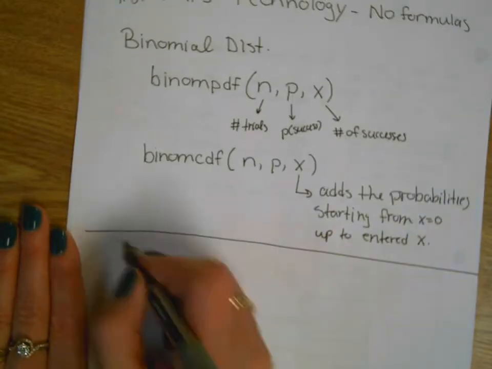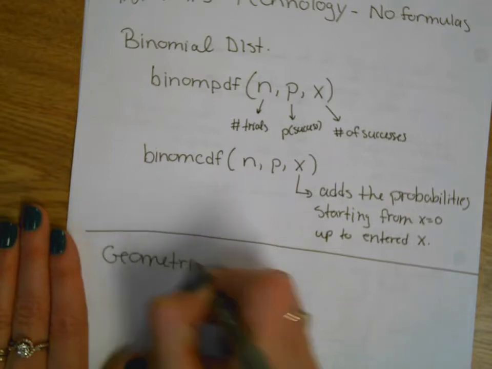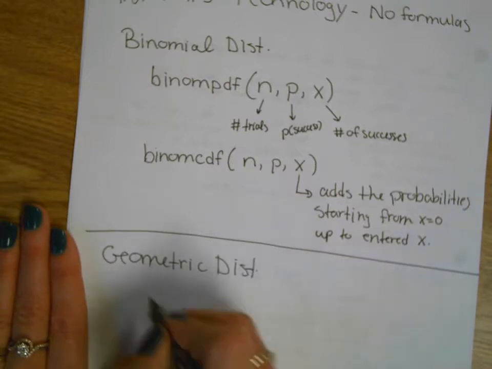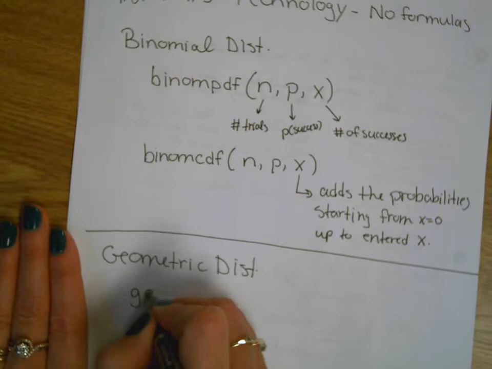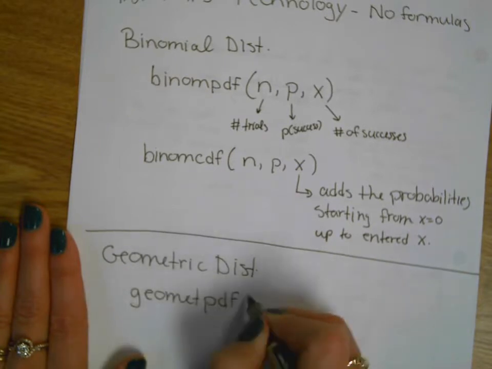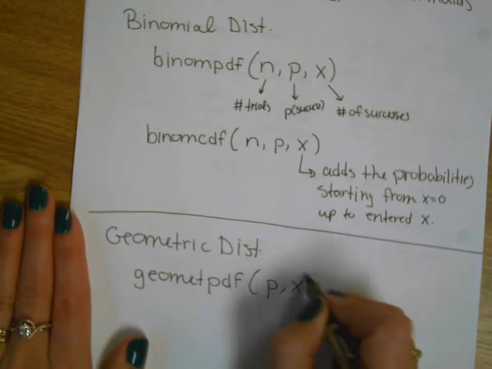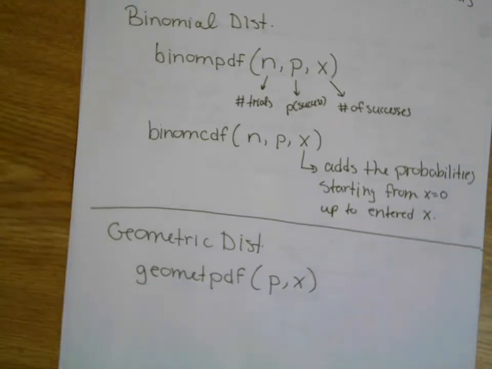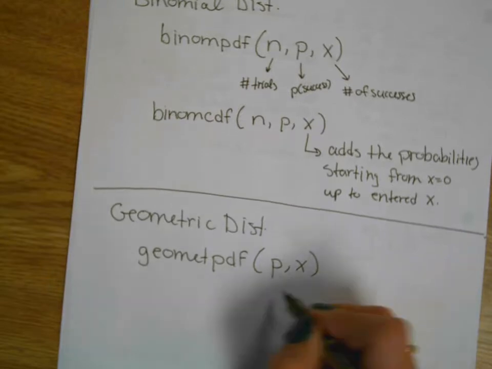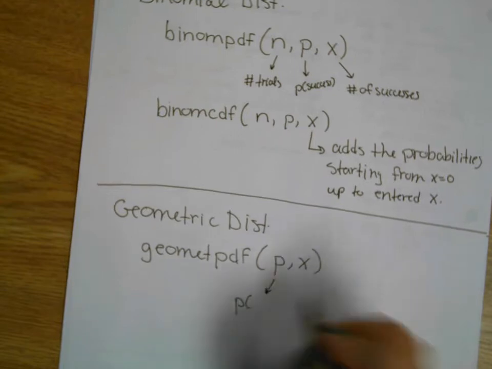Your geometric distribution. We've got GeoMet PDF. And this just gets fed P and X. Probability of success, and then the trial number of the success. What does the DF stand for? Distribution function.